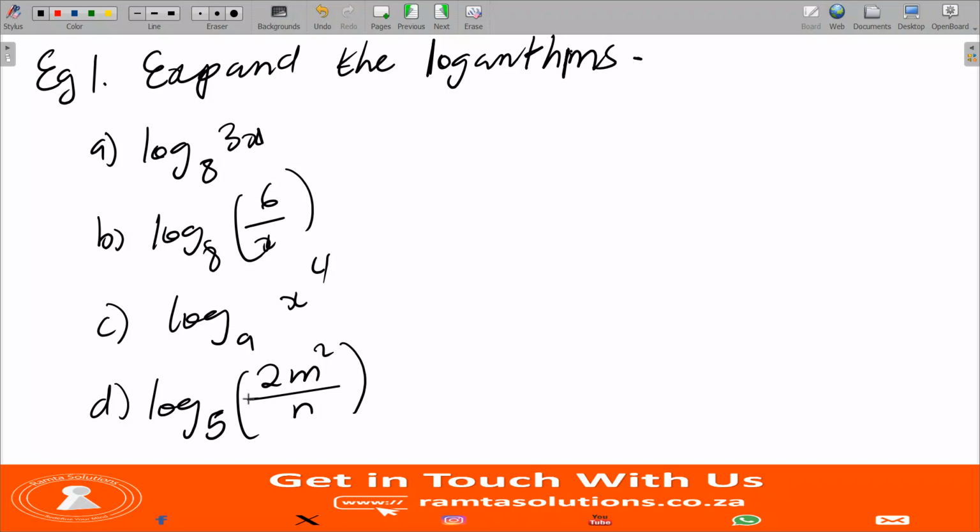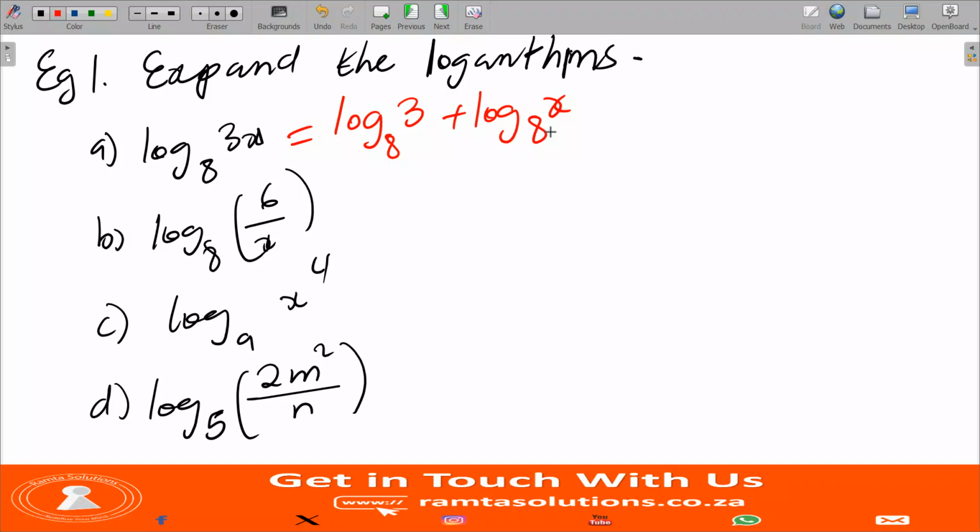Okay, I think we can answer them here. Is it possible? Yes, it is possible. With this one, it looks like I'm seeing rule 1. So this will be log 3 base 8 plus log x base 8.